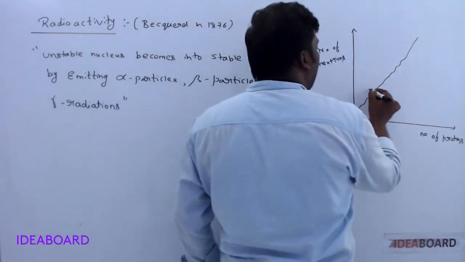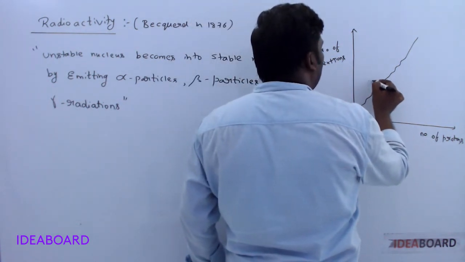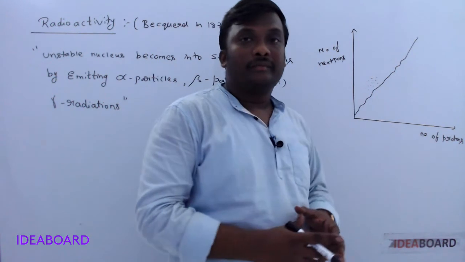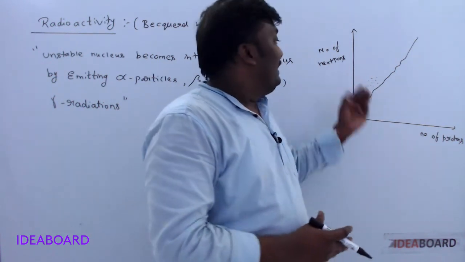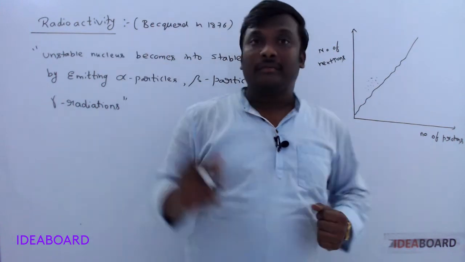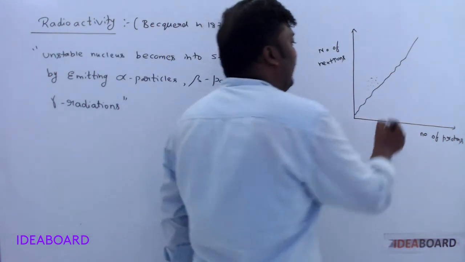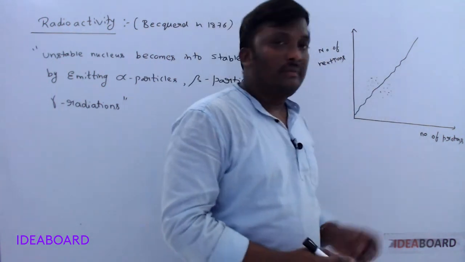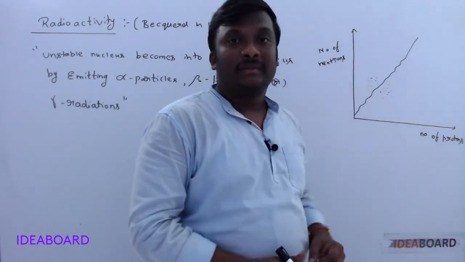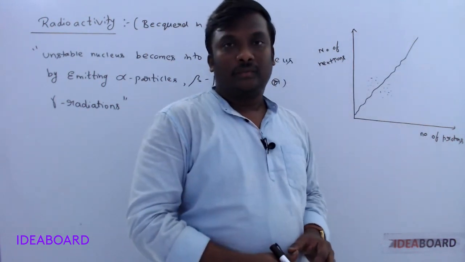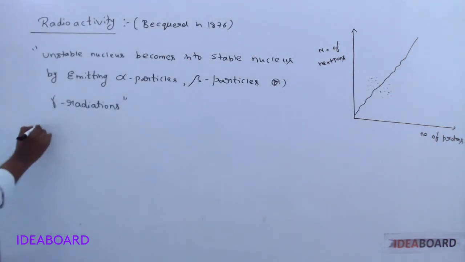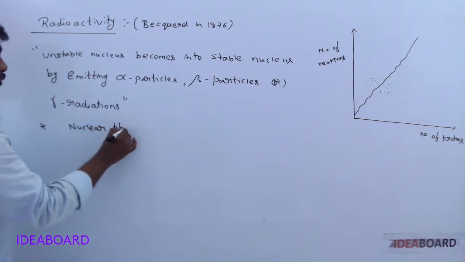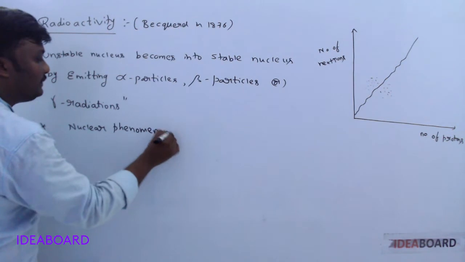Some nuclei are just above this line, which means they are unstable, so they participate in radioactivity to get stability. Some nuclei are here, and these are also unstable, so to get stability, they also participate. So radioactivity is generally a nuclear phenomenon. We are discussing only what is inside the nucleus.